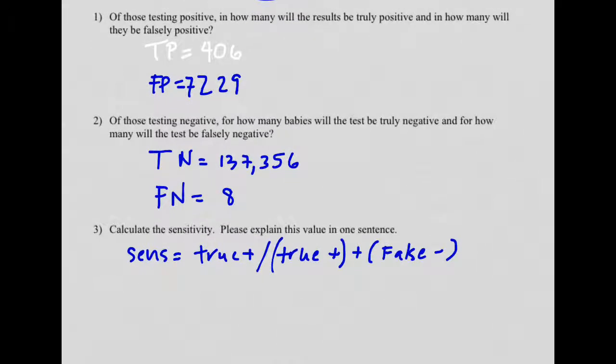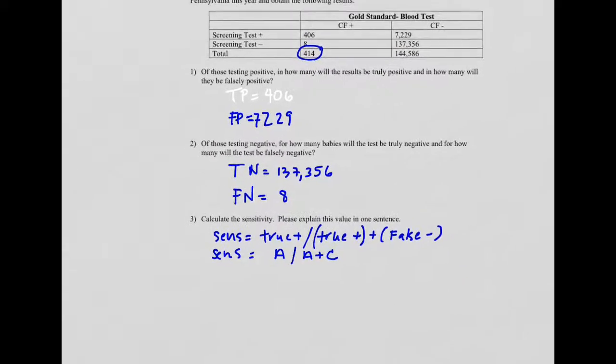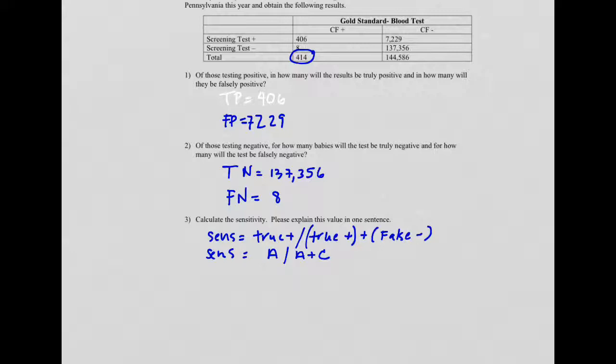Another way to think about this, if you want to think about our 2 by 2 tables and the numbers we commonly use, it would be A over A plus C. Okay, I know you can't see the table as I get farther and farther away. Okay, so sensitivity then is 406 divided by 414.